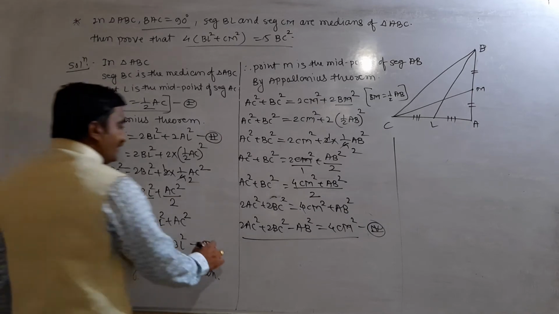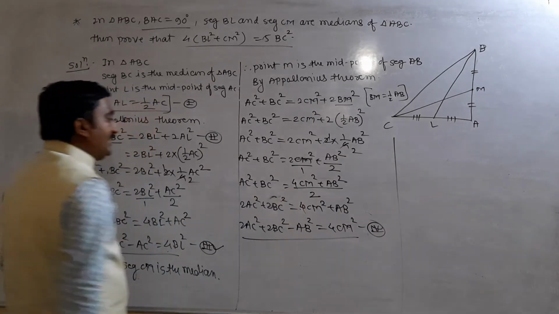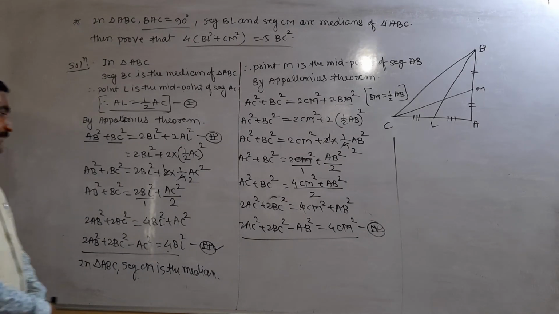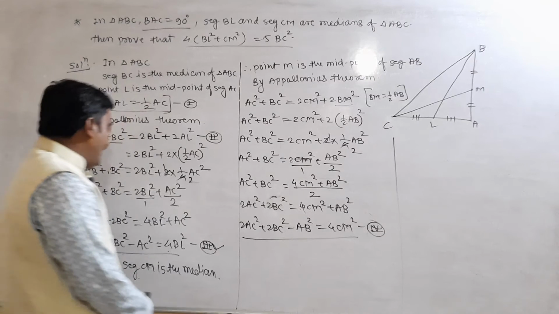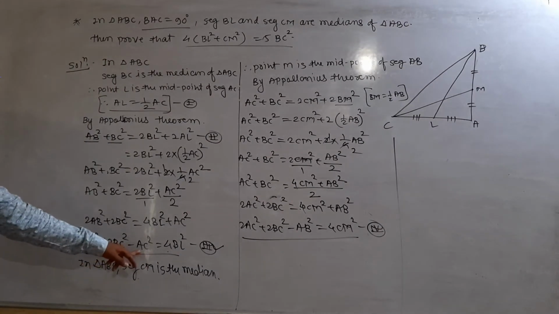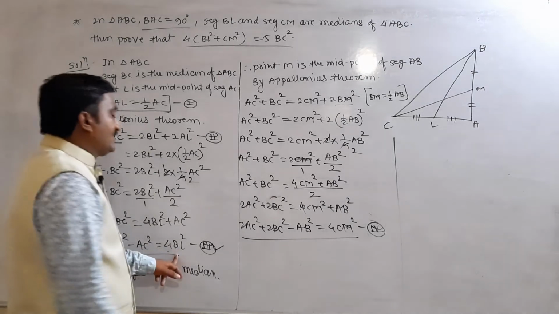Observe equation 3rd and observe equation 4th. Equation 3 is 2AB square plus 2BC square minus AC square equal to 4BL square.